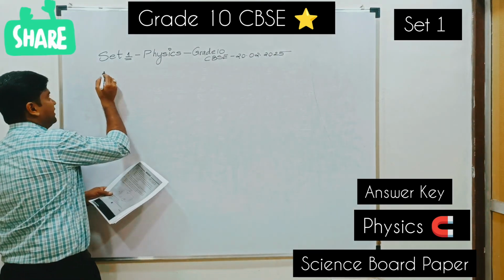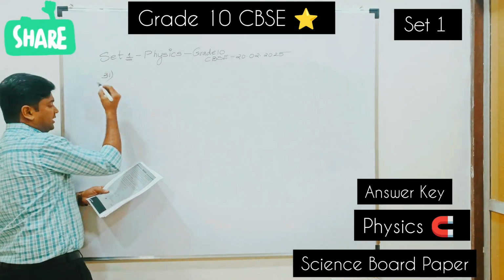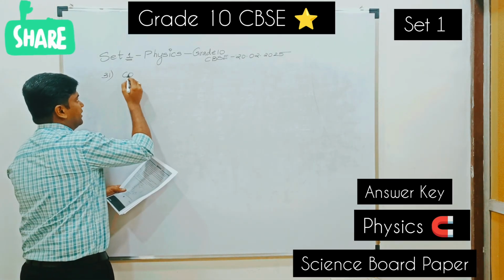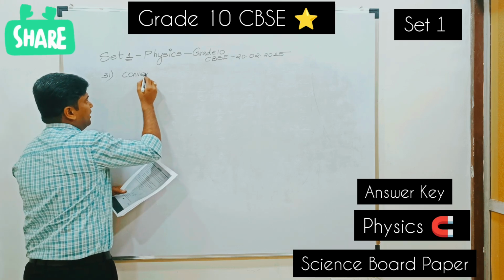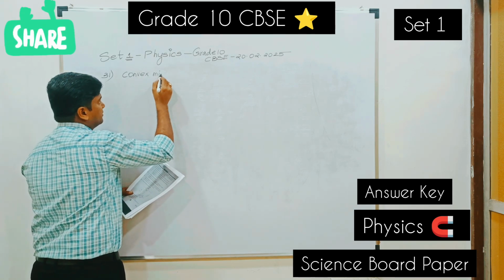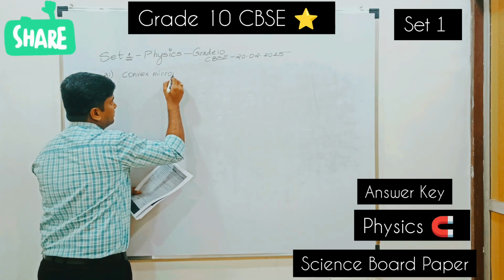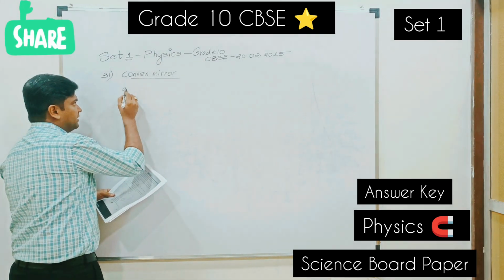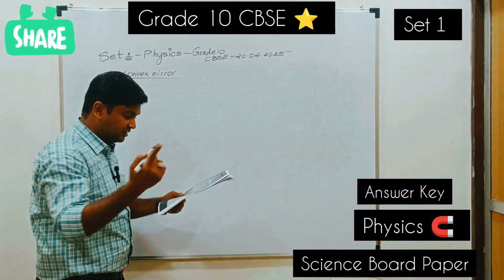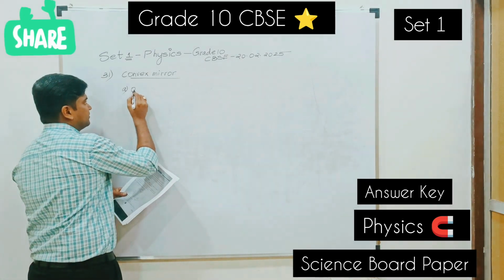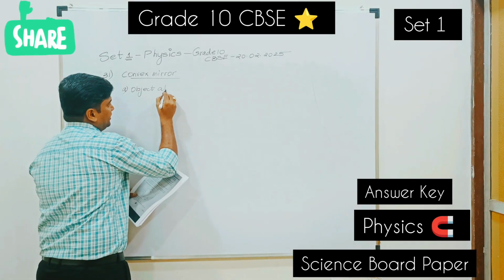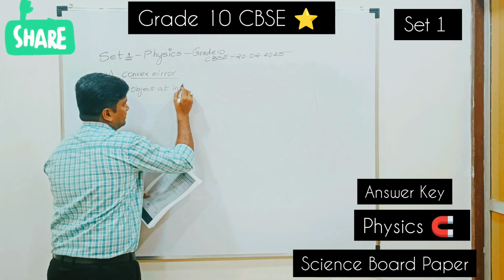Okay, so I'll write here for 31. Ray diagrams for convex mirror. Okay, so I understood I have to have a convex mirror. So for convex mirror, and in that I have been given two cases. First is object at infinity.